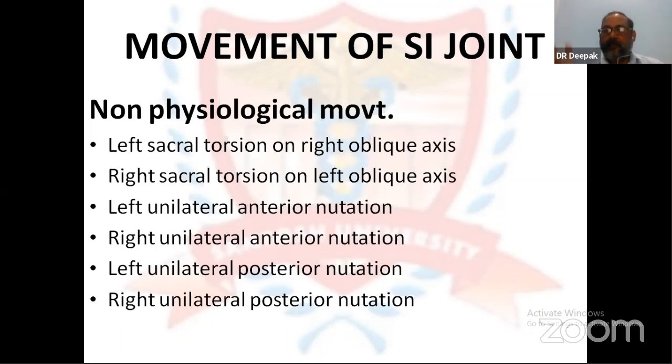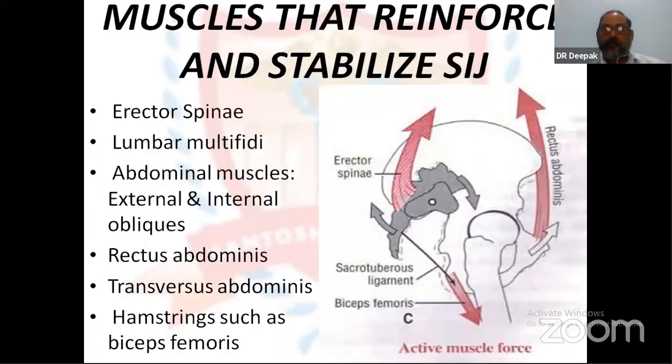Right side obliquely is the right oblique axis and left side is the left oblique axis. So first is left sacral torsion on the right oblique axis, right sacral torsion on the left oblique axis, left unilateral anterior nutation, right unilateral anterior nutation, left unilateral posterior nutation and right unilateral posterior nutation. I will explain these movements in next slides.